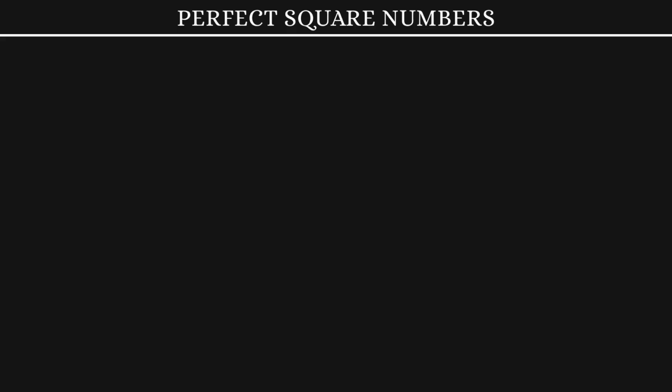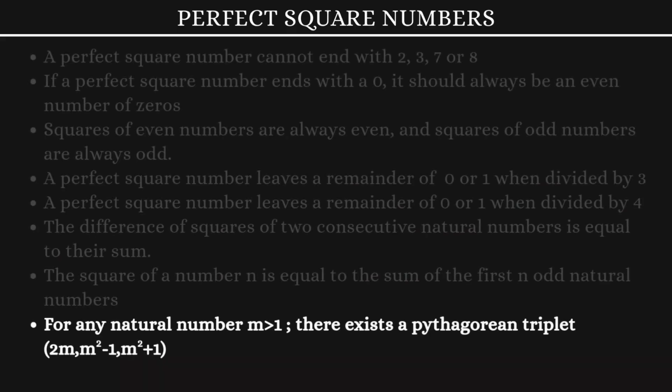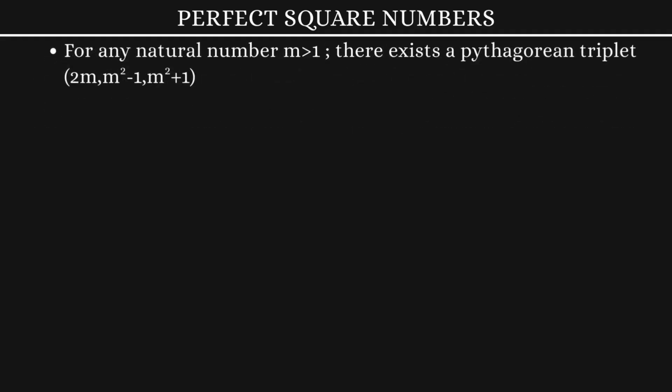With that, we come to the last property. For any natural number m which is greater than 1, there exists a Pythagorean triplet 2m, m squared minus 1 and m squared plus 1.